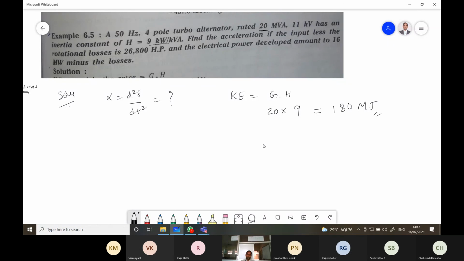So the swing equation, that is G into H by 180 into F, is equal to M actually. So M we are writing in terms of G into H. Therefore multiplied by d square delta by dt square is equal to Pm minus Pe. This is also equal to Pa, the accelerating power.